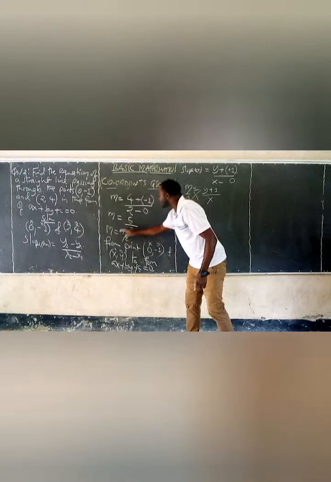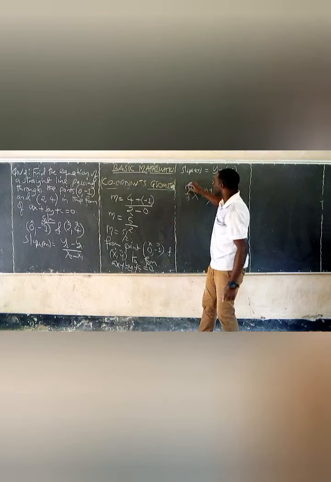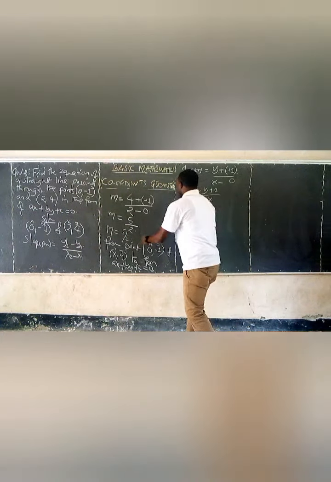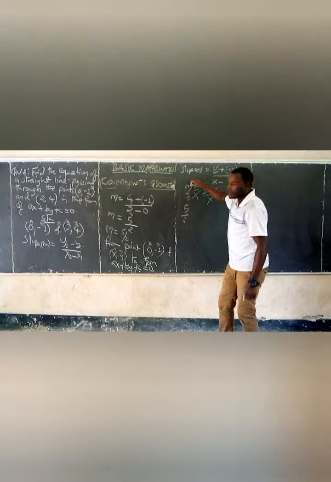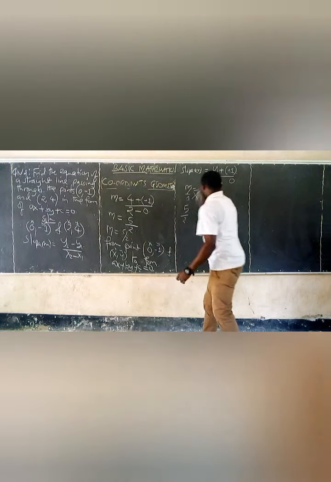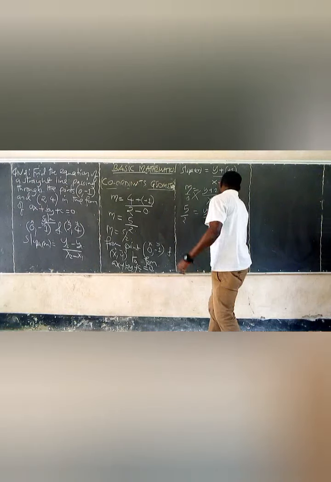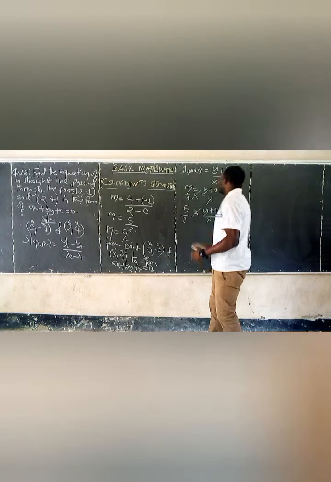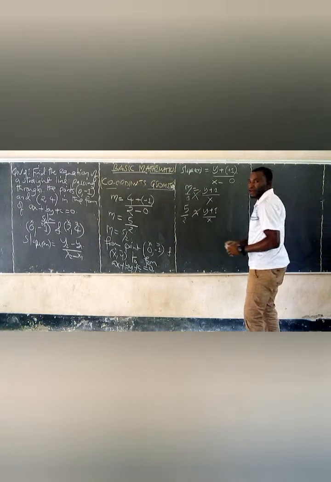You're going to substitute its value, obtained after determining the slope. So instead of writing m, we write its value, which is equal to y plus 1 over x. Once we cross multiply, here we get 5 times x, we get 5x.